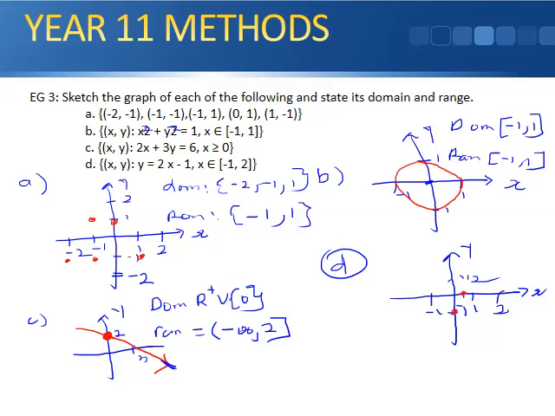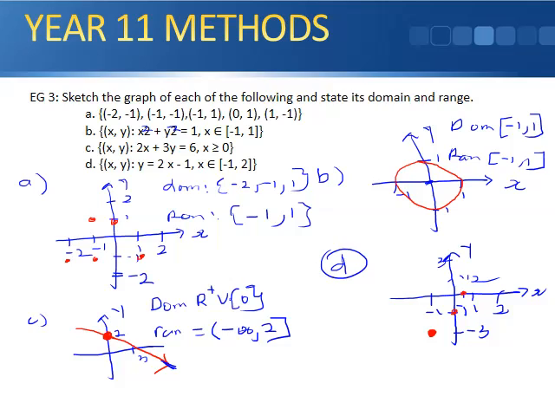Now, it can't go any past this, so I better put -1. When x is -1, I'm going to get -2 minus 1, -3. So I need that endpoint, so it starts here, and nothing else, and -1 is included, so I include that. When x is 2, 2 times 2 is 4, 4 minus 1 is 3, so it's going to go up to the value of 3 there.